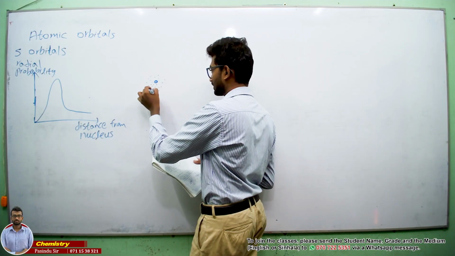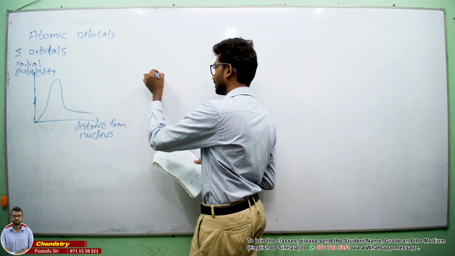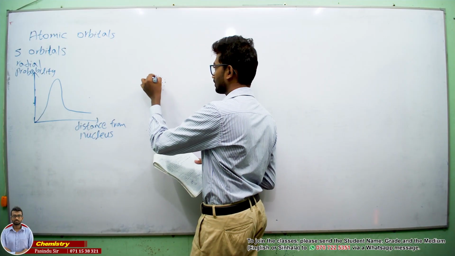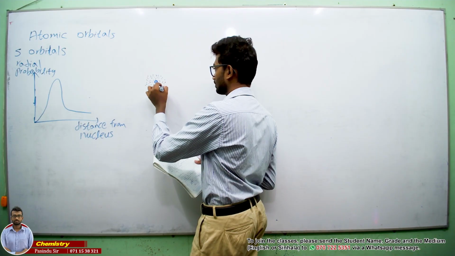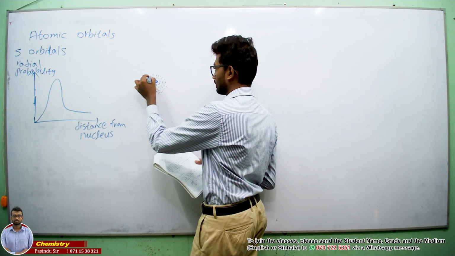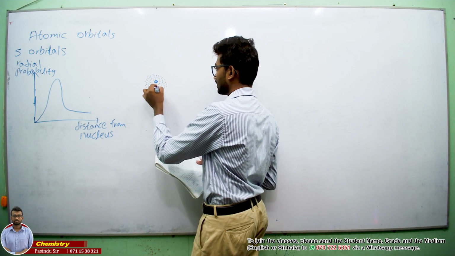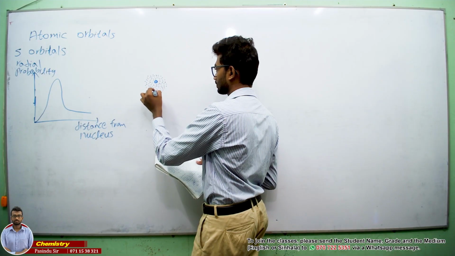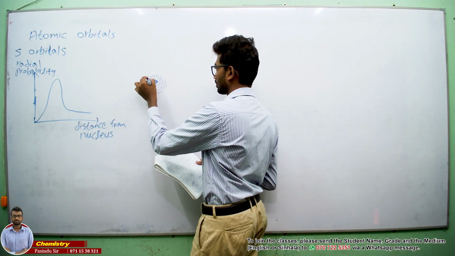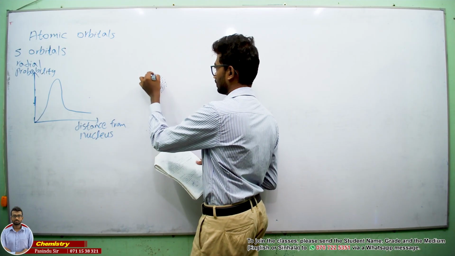If you mark the places where you can find the same electron in an s orbital, you are marking the places where you can find that one electron.